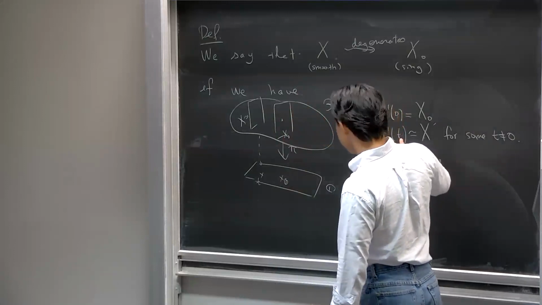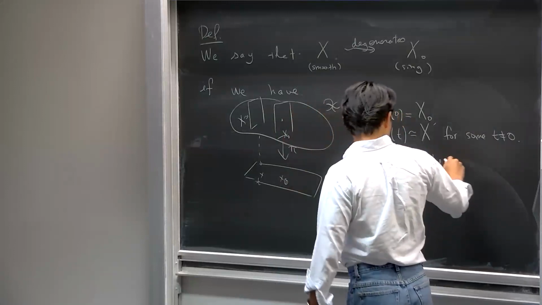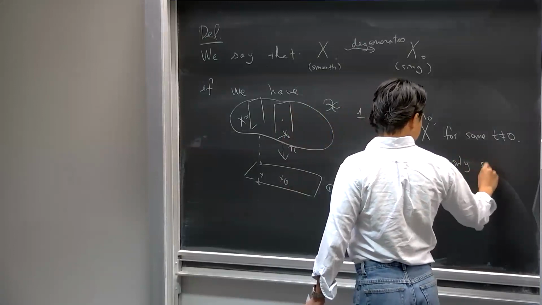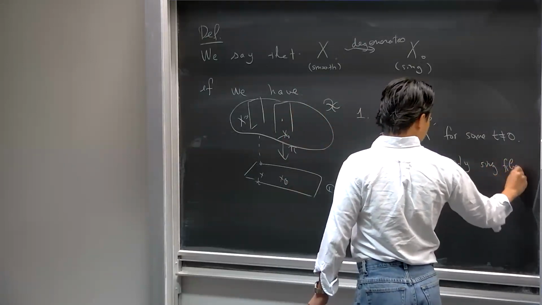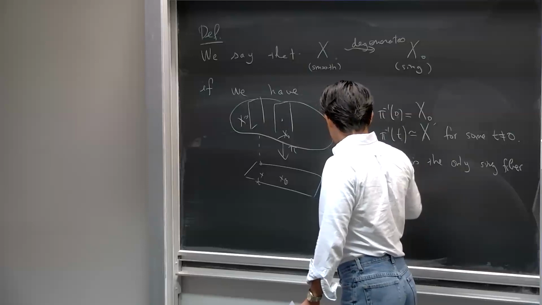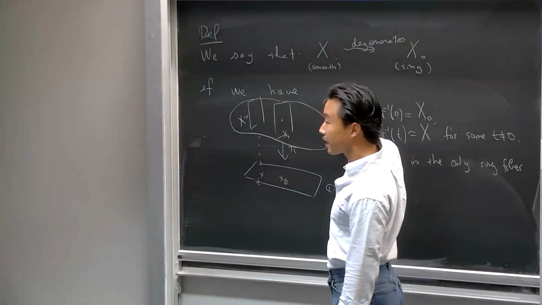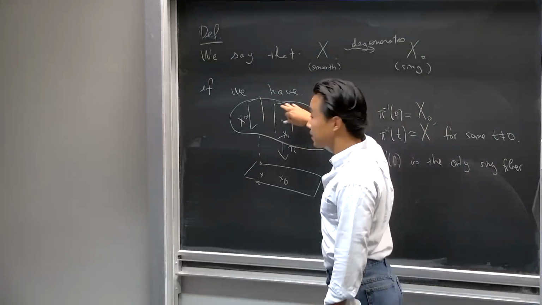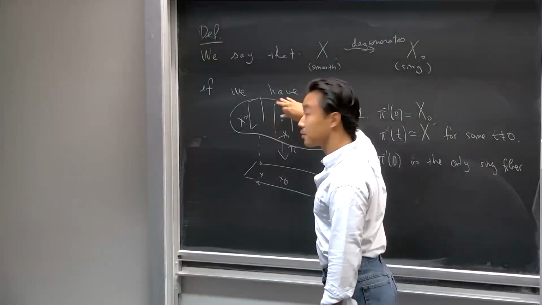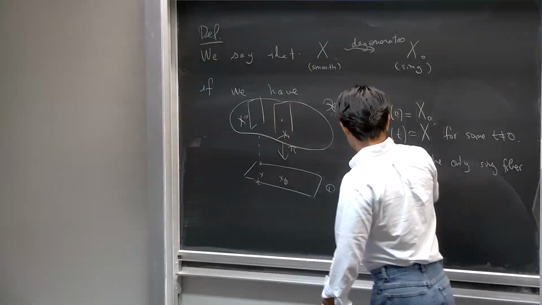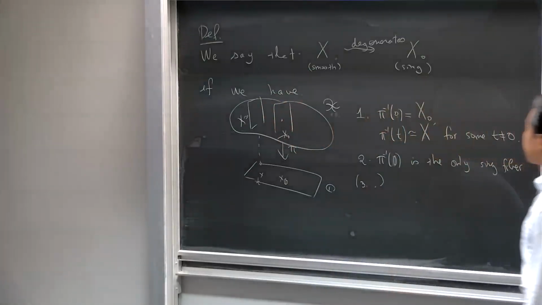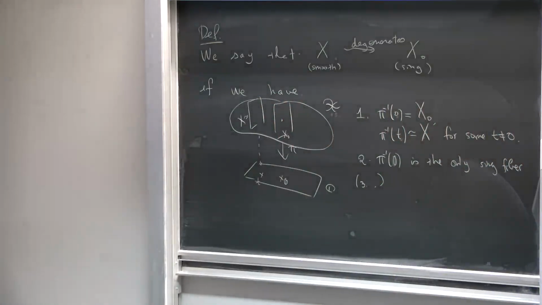So if t is non-zero, then you get something smooth. And usually people also say that the total space curly X doesn't have singular locus other than the singular locus of the fiber. I don't think I have to be that precise today.